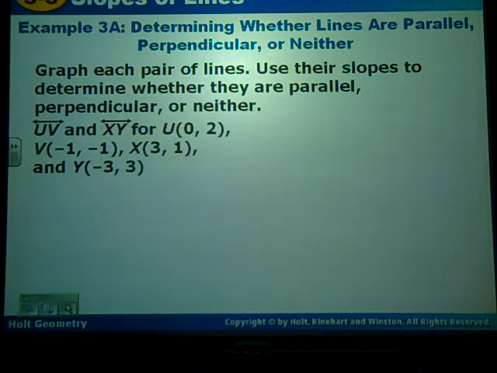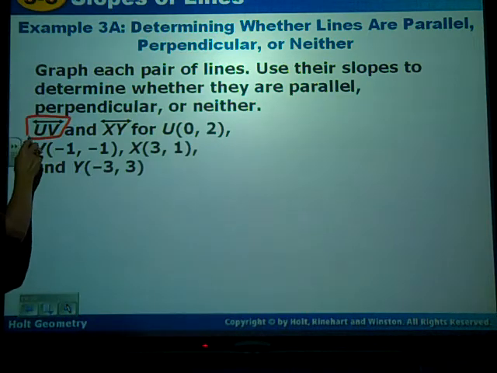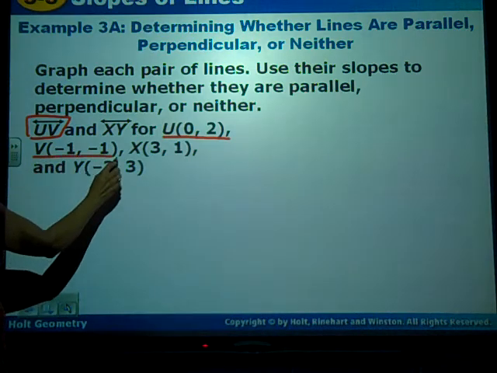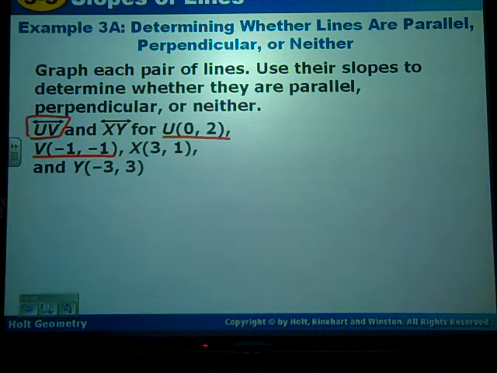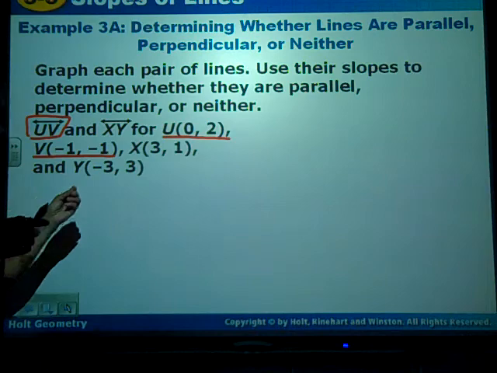Okay? So it says graph each pair of lines and use their slopes to see if they're parallel, perpendicular, or neither. So I have line UV, U is (0, 2), and V is (-1, 1). Those are the 2 points I've got to plot, and I'm going to connect them to form a line.